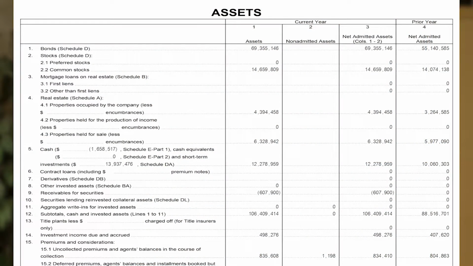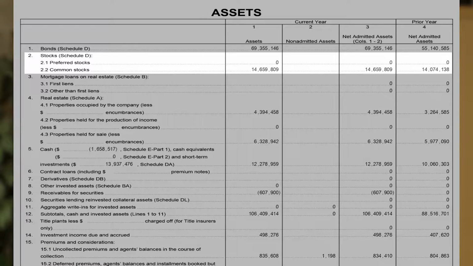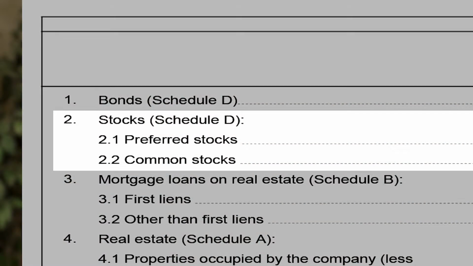As we move down to line 2, stocks, you can see that preferred stocks and common stocks are noted on the financial statement as well. The idea here is that these are marked to market. So it's fairly consistent for stocks, whether it's preferred or common stocks. They're going to be reflected at current market value on page 2, the assets page.